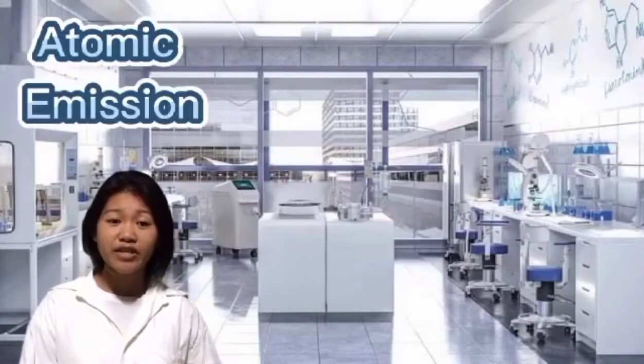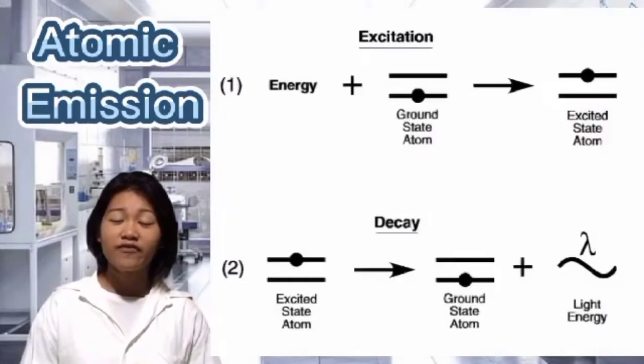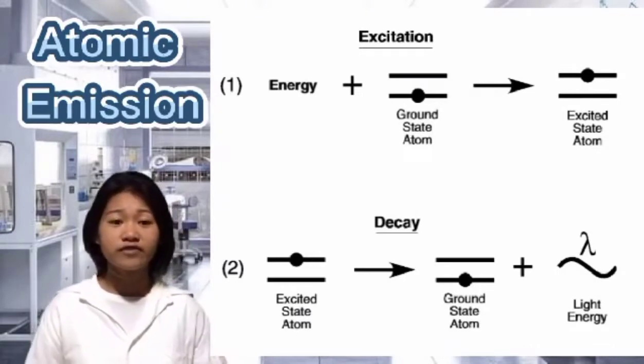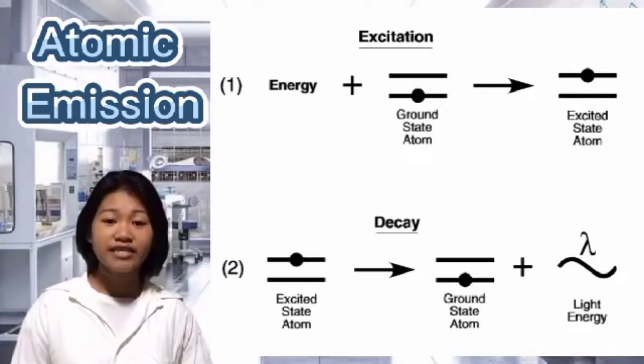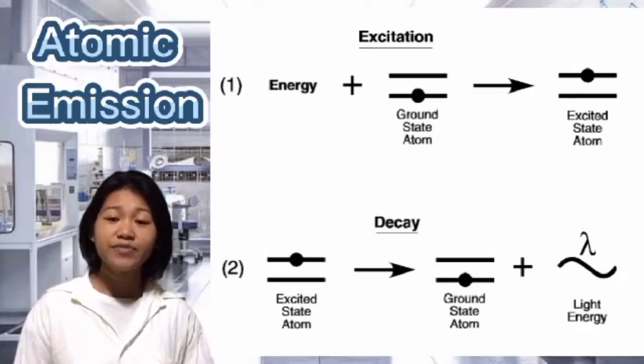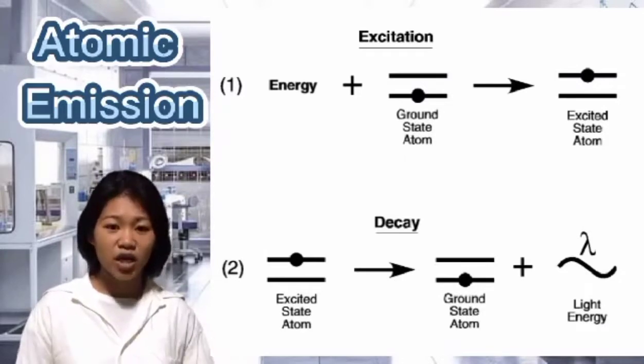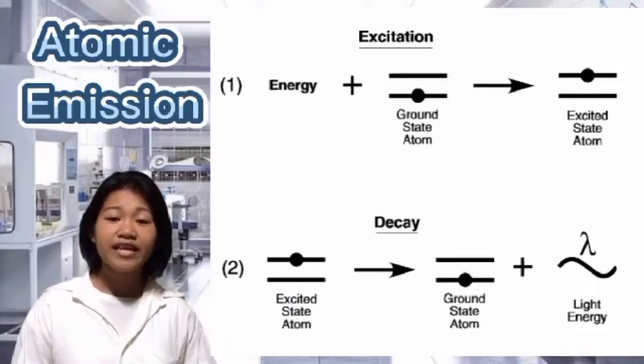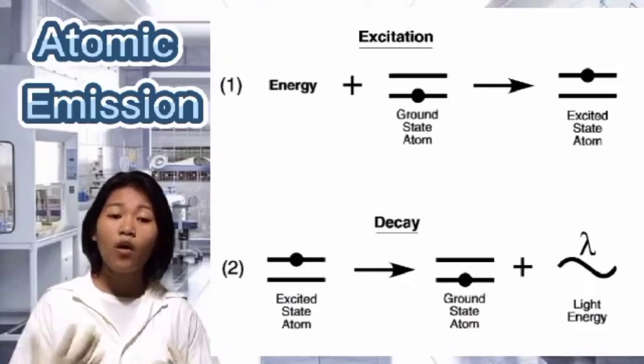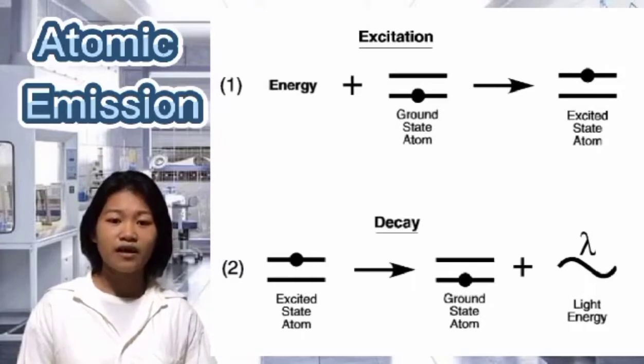In atomic emission, the processes of excitation and decay shown in these figures are both involved. The sample is subjected to a high-energy thermal environment in order to promote excited state atoms. The environment can be provided by a flame or more recently a plasma.